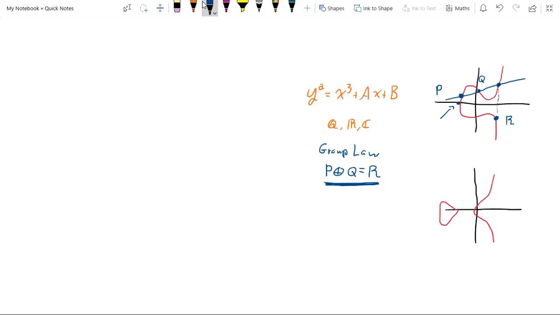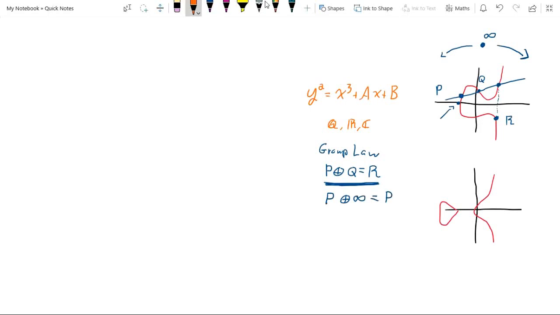However, as I just mentioned the word projective, we toss in a point at infinity. Now, I've drawn this up above the y-axis, but really we're thinking about it as being everywhere far away from the origin. Or more specifically, any point that's far away from the origin is close to the point at infinity. And so it's the point at infinity that's going to serve as the identity for this group law.